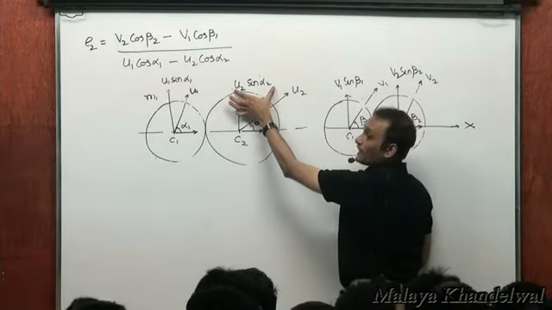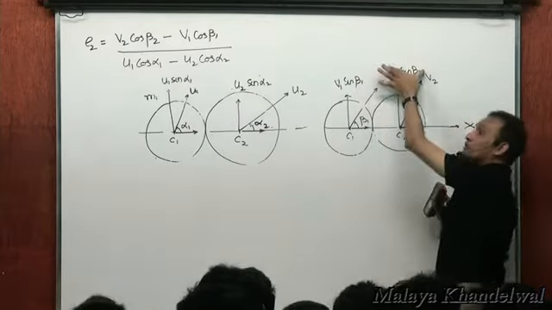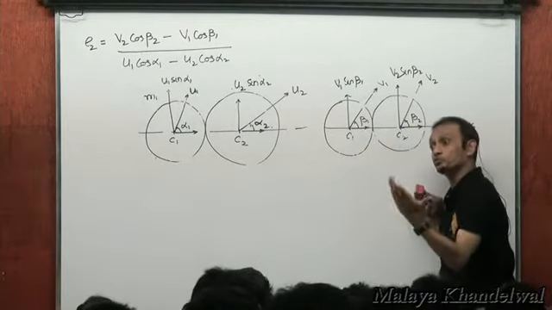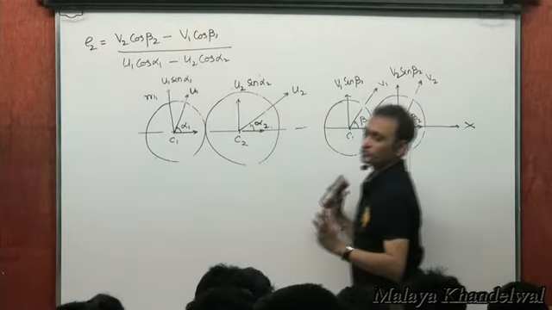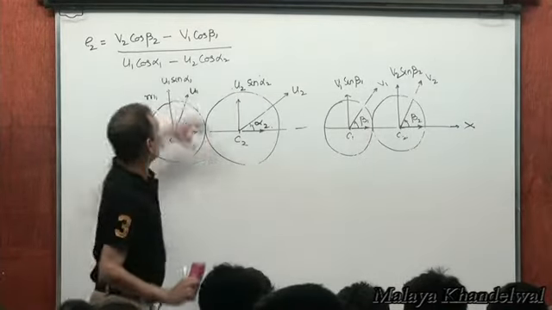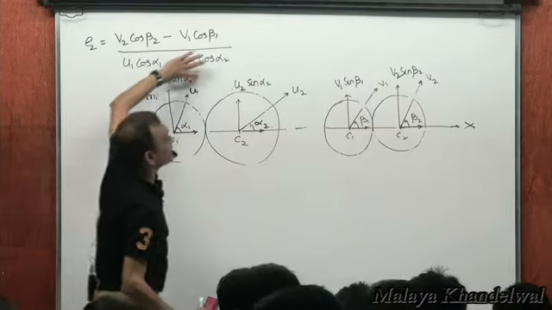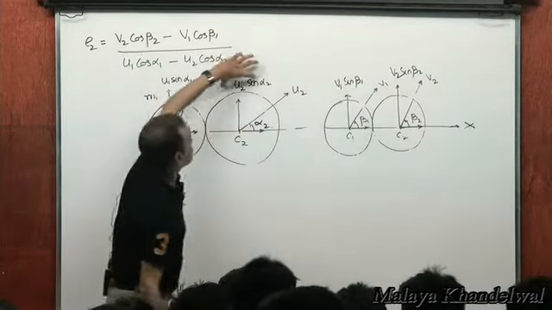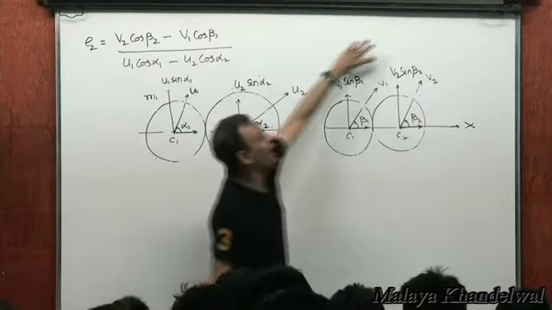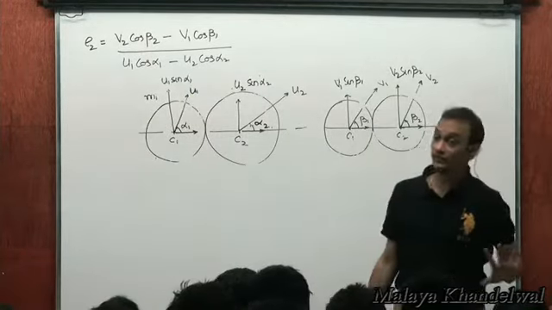That means u2 sine alpha 2 will be equal to v2 sine beta 2 if they were smooth, right? If they were not smooth, then the velocity in this direction for c1 before and after will be different. The velocity in this direction of c2 before and after will be different if they are not smooth.